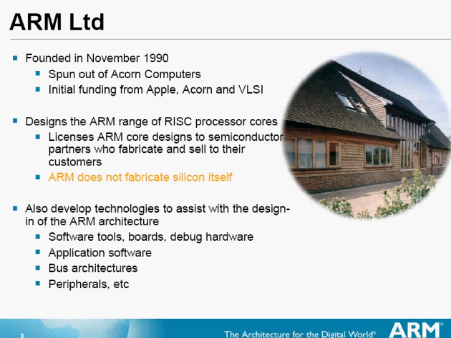One important point about ARM is that it does not fabricate silicon itself, but instead just produces the design. We are in an intellectual property business, an IP company. Instead, silicon is produced by the companies who license the ARM processor design. This is a little bit of history about ARM Limited.